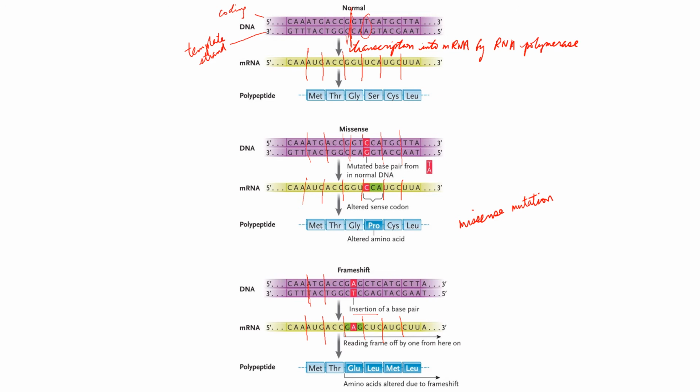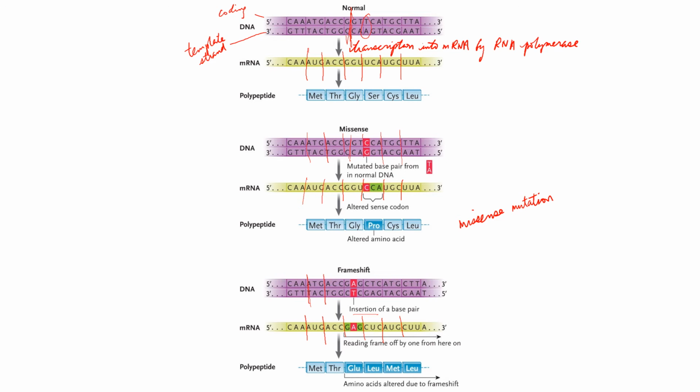So this methionine and this threonine are unaffected because that reading frame has not changed. But because of this insertion here, right, instead of glycine, we now have glutamine. Instead of proline or serine, we have leucine. Instead of cysteine, we have methionine. All right.